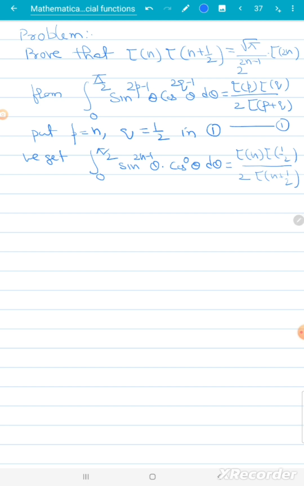Now put p equals n and q equals n in result 1.